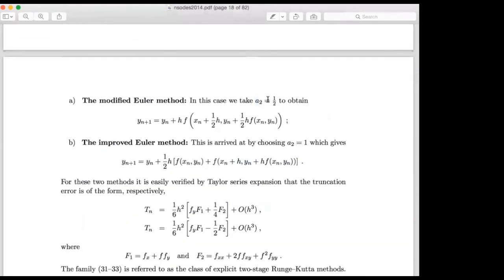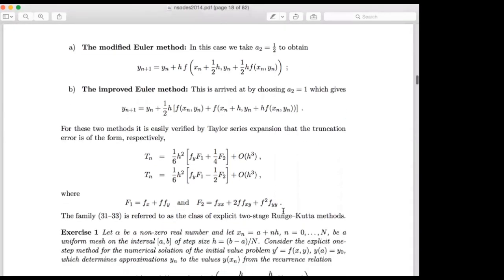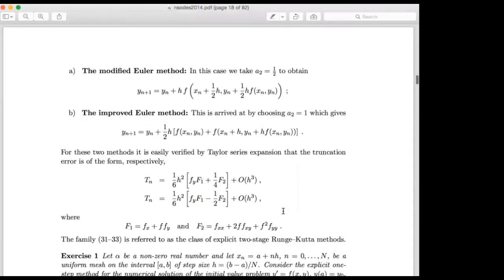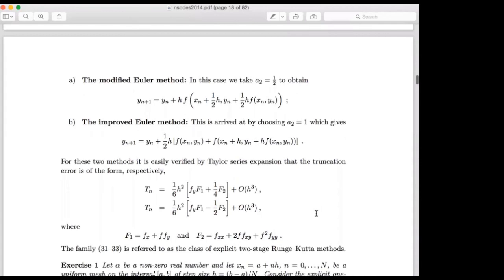If you take A2 equal to 1 by 2, then we get the modified Euler method. If we take A2 equal to 1, then we get the improved Euler method. I told you the difference between the improved and the modified: we are just modifying that one, and in the improved we get better accuracy. So that is the difference between the modified and improved one.